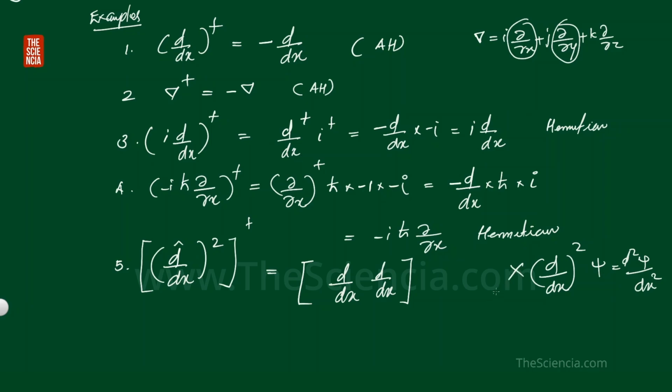In ordinary algebra it would be, but in operator algebra, d by dx all squared operating on a certain wave function psi means d by dx of d by dx of psi. First we have to evaluate d by dx over psi, then we evaluate d by dx over that result, and only then can we take this one.